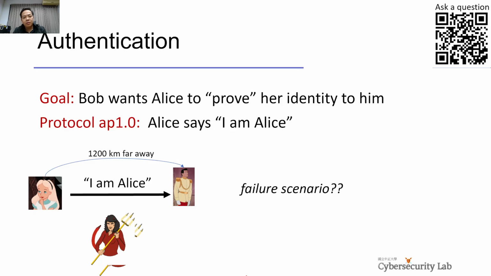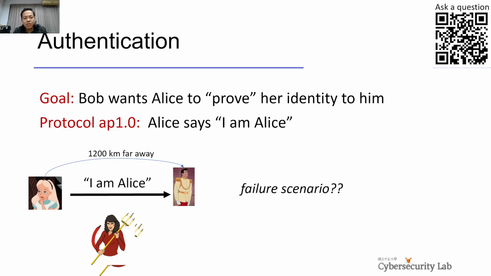So we can say, okay, I'm Alice. But when Alice and Bob are far from each other, one in Taiwan and the other in the United States, maybe 4,000 or 5,000 kilometers away, the message travels through fiber, wireless, or satellite communication.